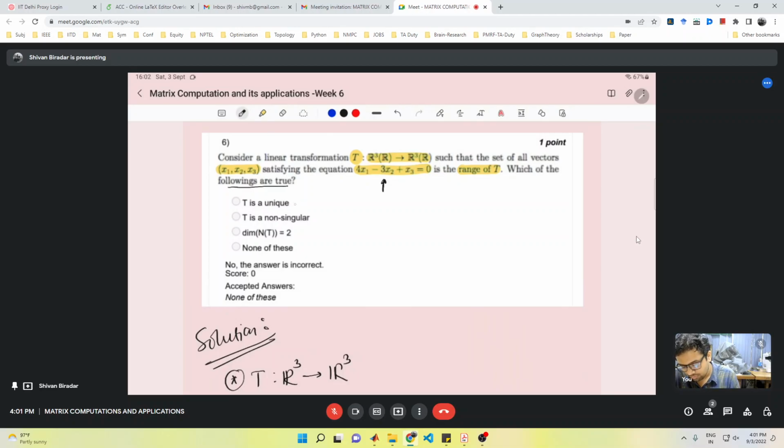The first argument says that T is unique. The given linear transformation T, whose range space satisfies this equation, is that transformation T unique? Is T a non-singular transformation? Or is the dimension of the null space of T equal to 2? We have to see which of the following is true.